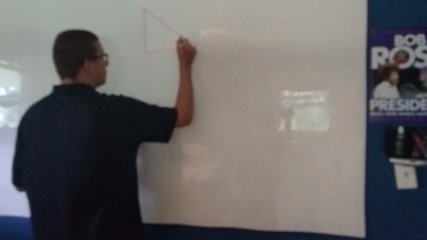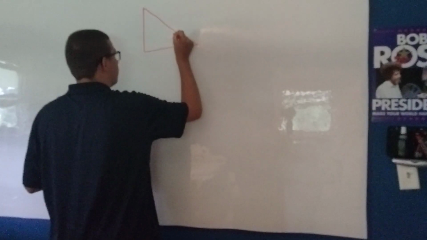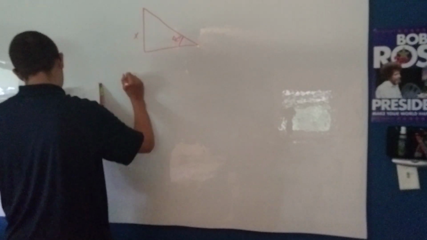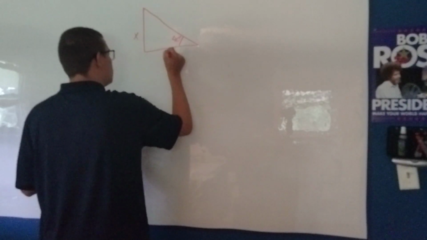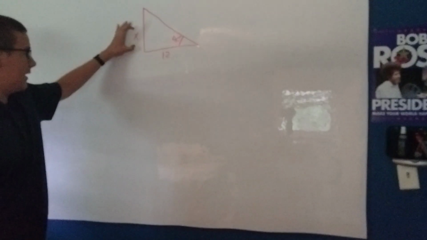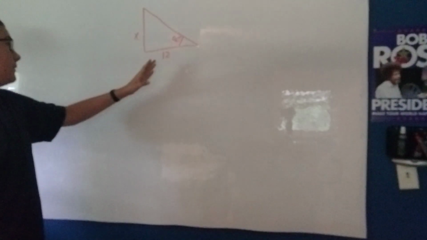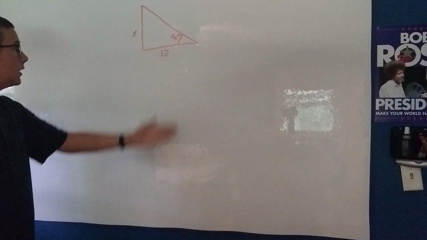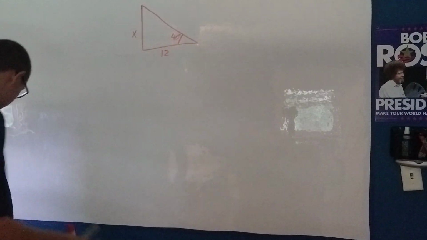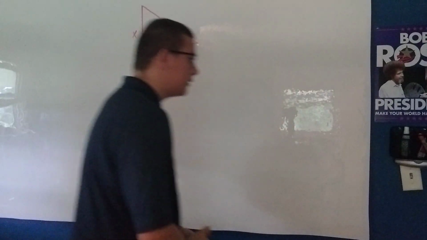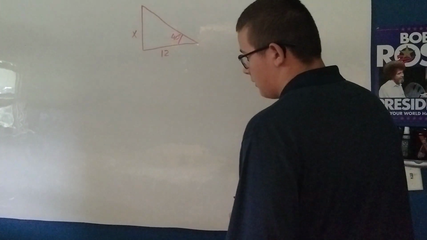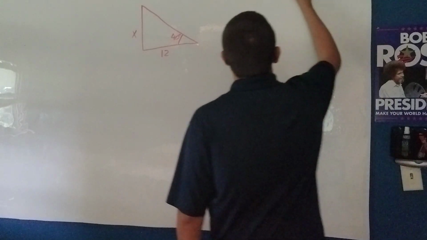So if we say this right here is 40 degrees, and this up here is x, and this is 12 units, and I ask you to solve for x, well, usually you could solve for x if you had the hypotenuse, but now instead of the hypotenuse, we have this right here. I'm going to write up here in the corner our thing.